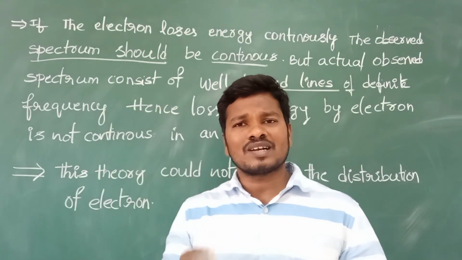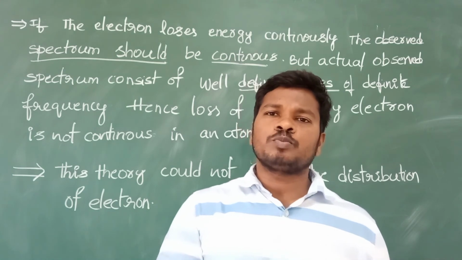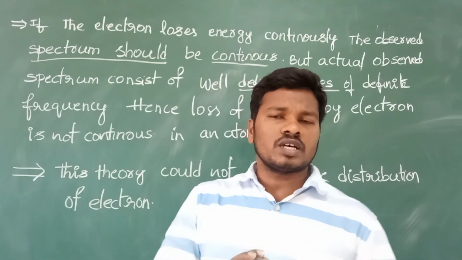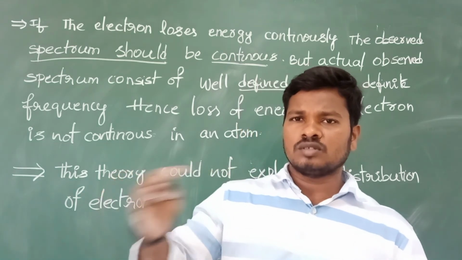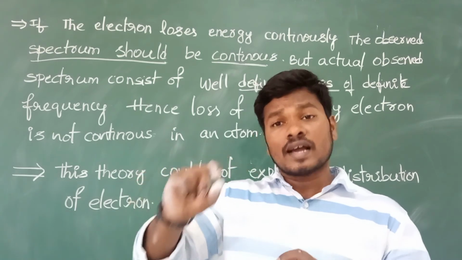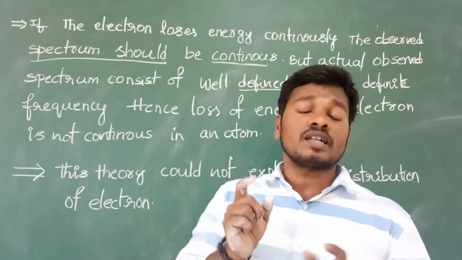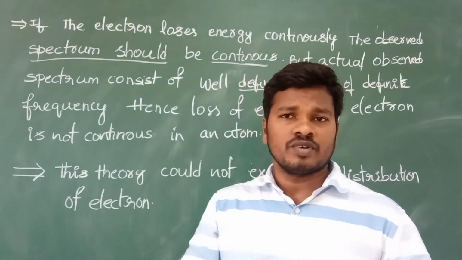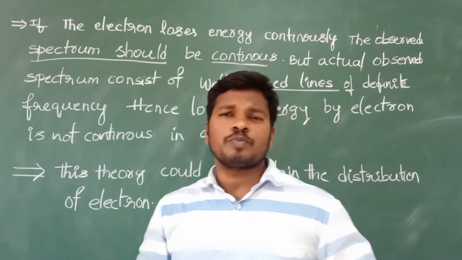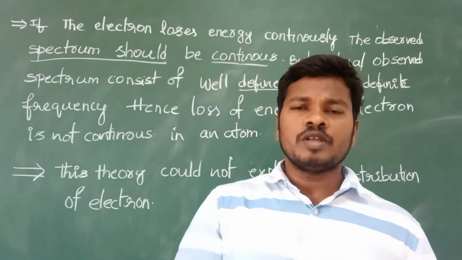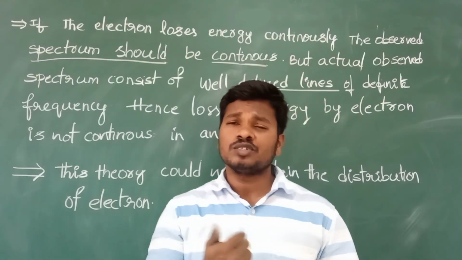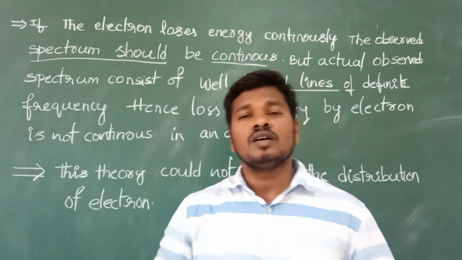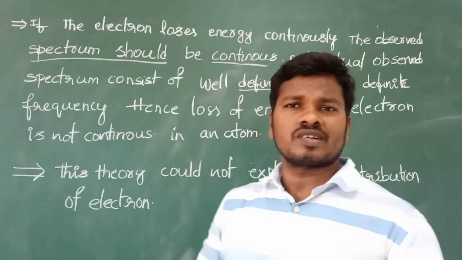Rutherford said the electrons revolve around the nucleus with a high speed, so they continuously lose energy, and in that sense you should get a continuous spectrum. But the actual spectrum shows definite lines with definite frequency. We will learn about the different types of spectrum in the upcoming session, after the Bohr atomic model.